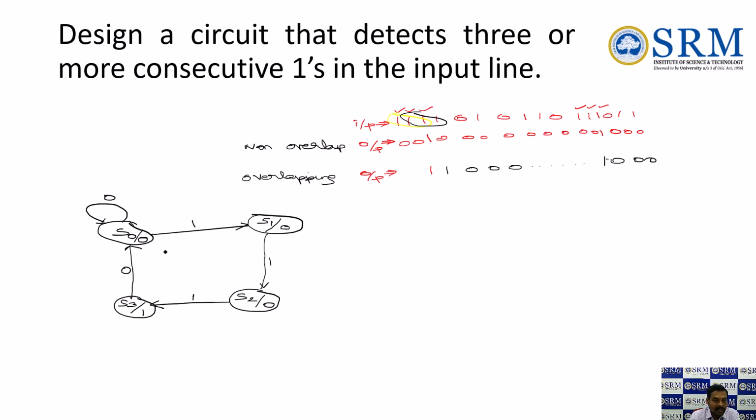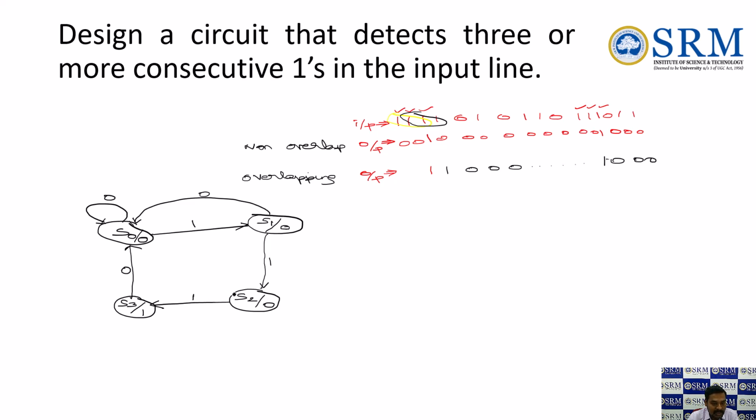Okay, right? We'll have some more combinations here. So suppose let us consider the first input is 1. At this S1 state, if my input is 0, then it has to move back to the initial state, right? But my output is 0. If currently I received only two 1s, my output is 0.